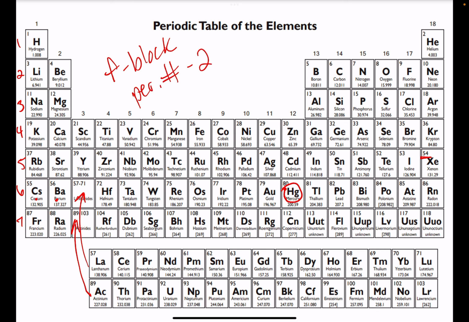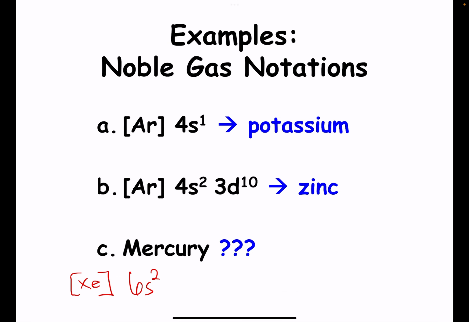So this is period number 6 for this row. 6 minus 2 gives me 4. So that would be 4f. Now we're going to do all of these because we're trying to get to mercury, which is in the D block. So we do all of these Fs, there's 14 of them, like we said previously. So that would be 4f14.